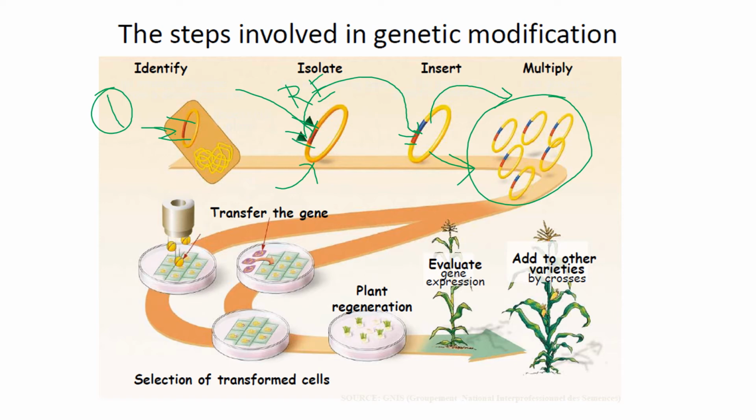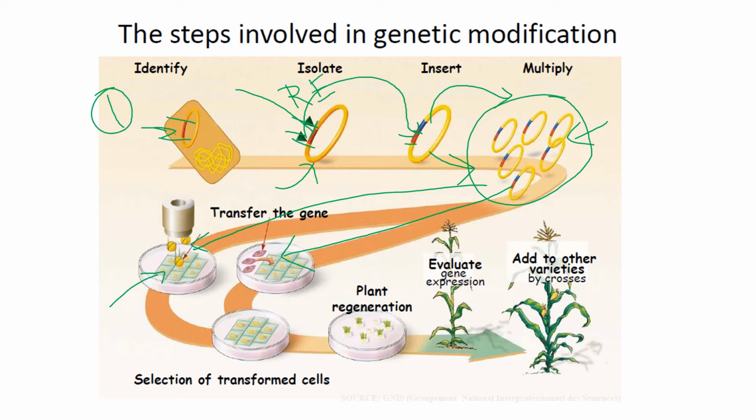What we will do, we'll coat these copies onto tungsten or gold particles in a gene gun, and bombard these gold particles coated with these recombinant DNA molecules onto soft tissues of plants or callus tissue or cell suspension cultures, or directly mix these molecules along with the plant cells.